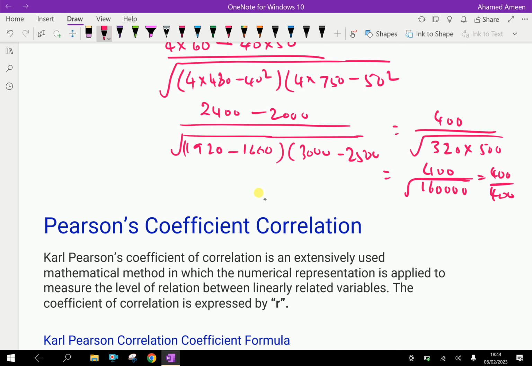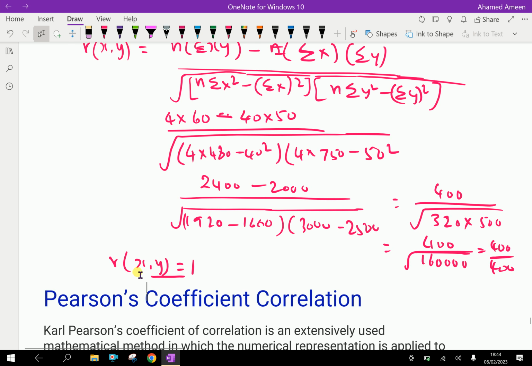That is, the linear correlation coefficient r of x, y equals 1. This is a perfect correlation. We found the coefficient is 1.